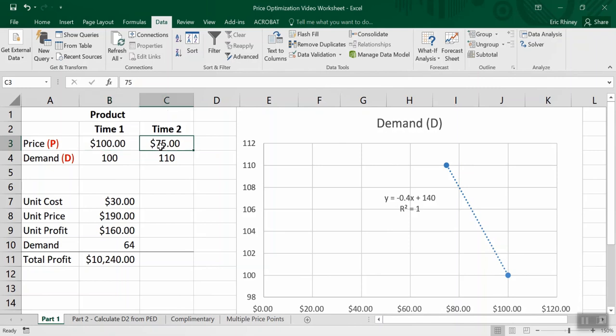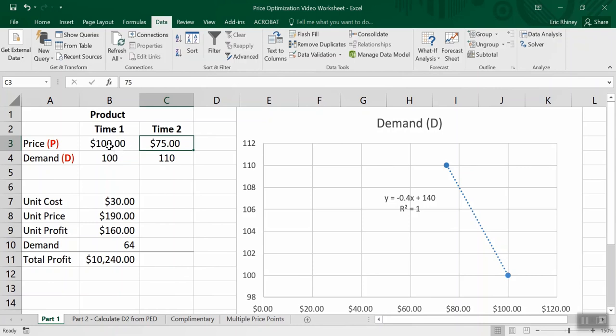Okay, maybe at this second price point, somebody told us, man, if you lower your price, then you'll be able to raise demand and maybe you'll be more profitable. Or if we switch these around, somebody could have said, if you raise your price from $75 to $100, you'll be more profitable. That's a $25 difference. And I know there are a number of people who will buy your product at $100.